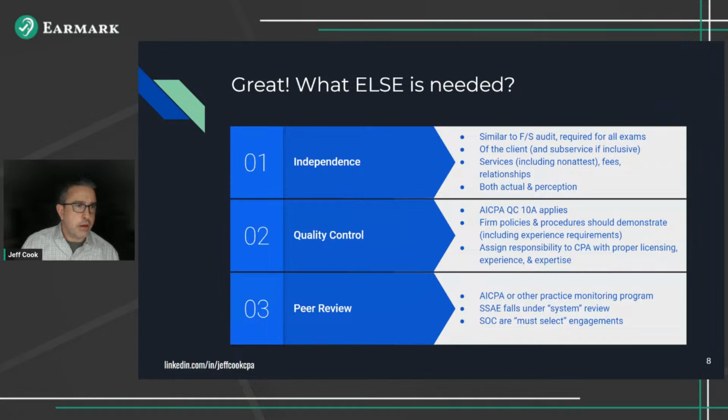Security category of the trust services criteria is mandatory. Actually, that's not true, Raymond. In theory, there is nothing in the guidance that prevents you from doing, for example, an availability only SOC 2 report. It doesn't make a lot of sense to do it because you would need the common criteria, which is ultimately the security criteria. But you could say in the opinion, you're only opining on the availability category, and therefore you have the common criteria plus the availability criteria.